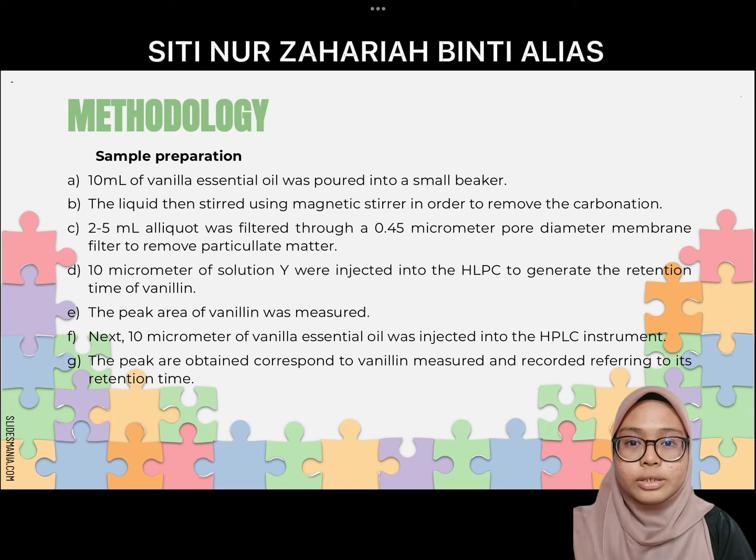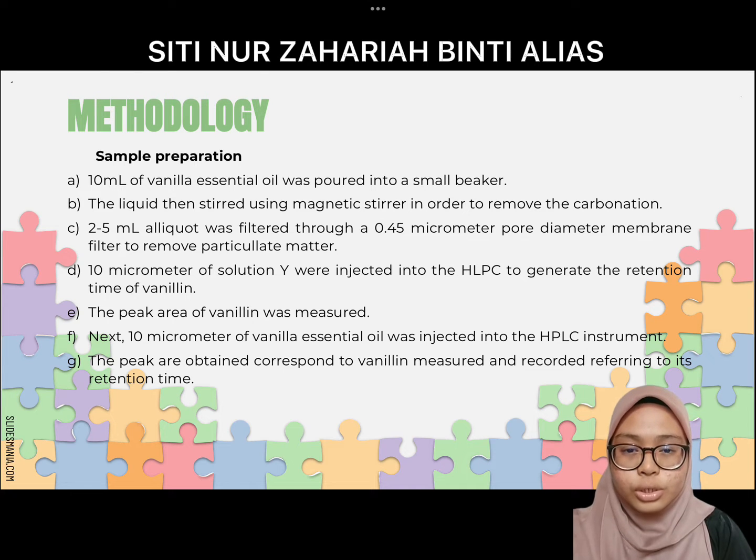The peak area of vanillin was measured. Next, 10 microliters of vanilla essential oil was injected into the HPLC instrument. Lastly, the peak obtained corresponding to vanillin was measured and recorded, referring to its retention time.